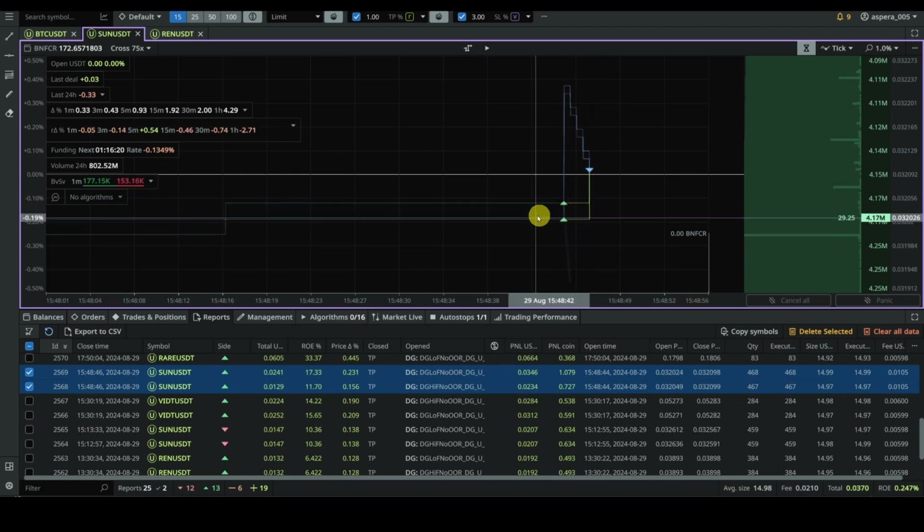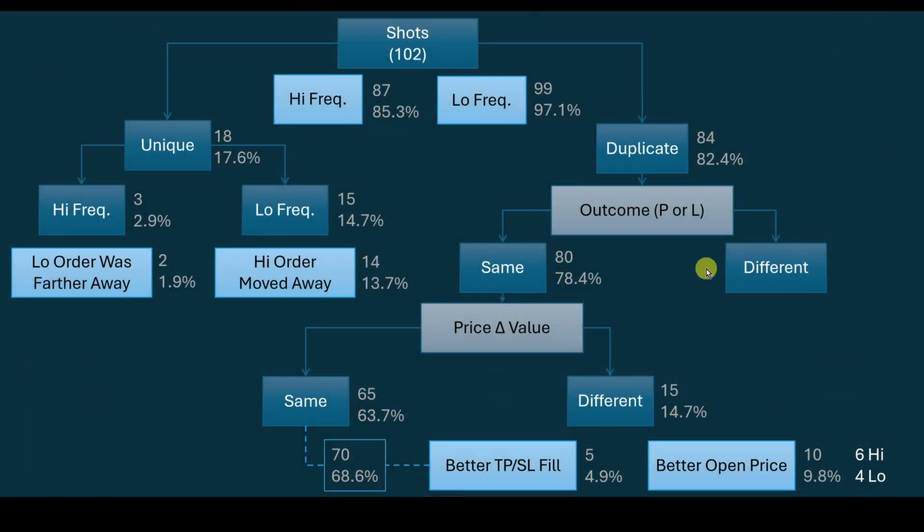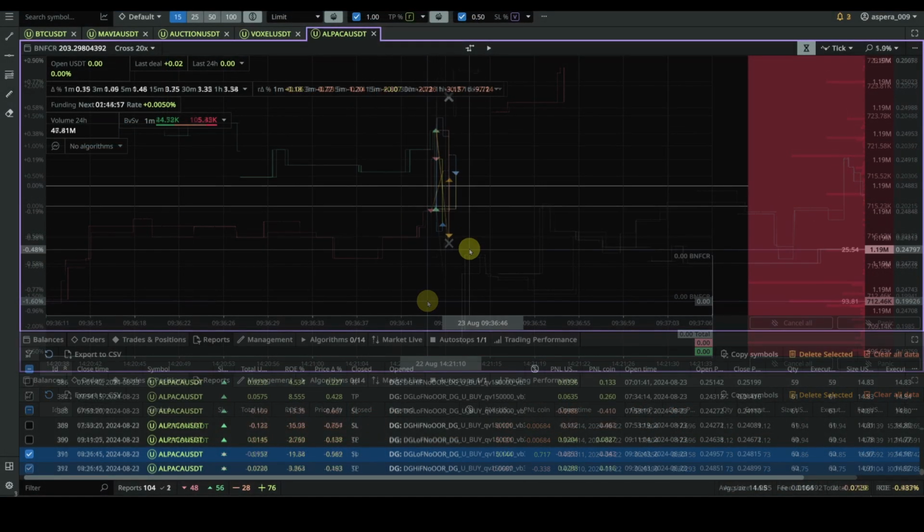Moving on to even more dramatic examples, where the outcome itself was different, which is 4 shots. All of them were due to one of the algos having a better open price. Sometimes the difference in open price was very dramatic, like here or here.